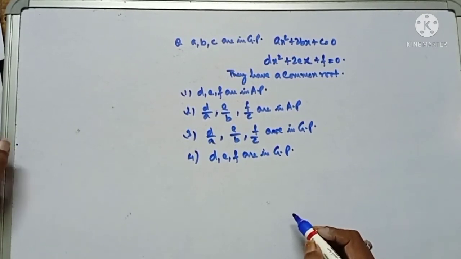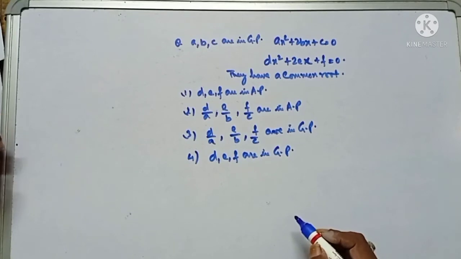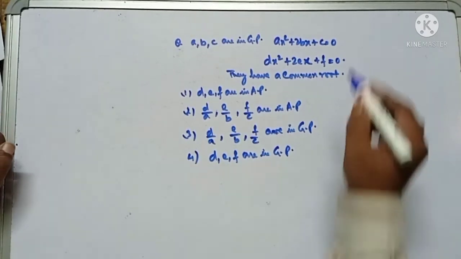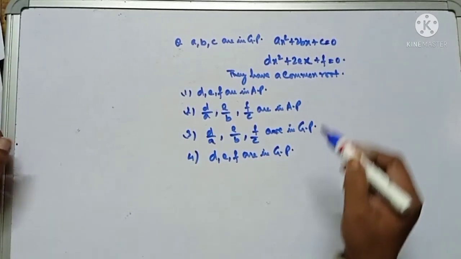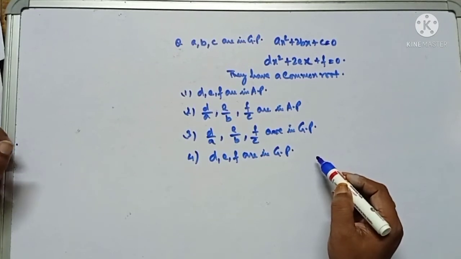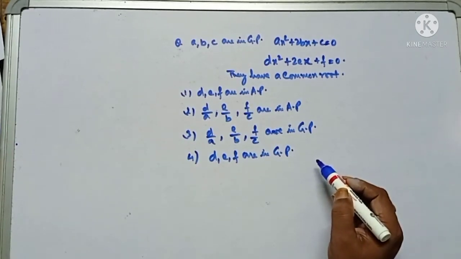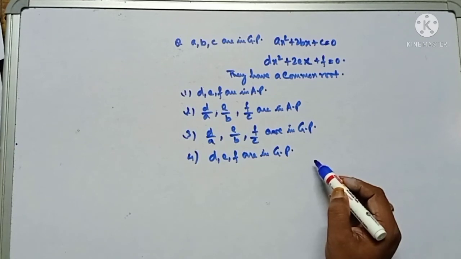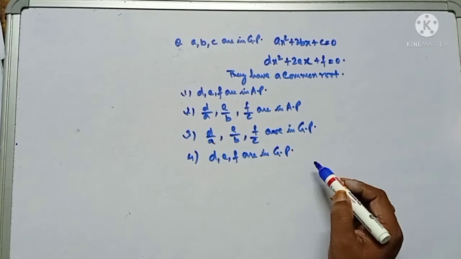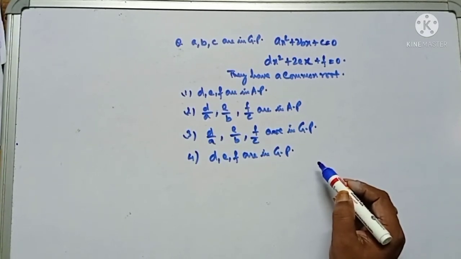A, B, C are in GP, and AX square plus 2BX plus C is equal to 0, and DX square plus 2EX plus F is equal to 0. They have a common root. Then these are the options that were given. So now which option is correct?